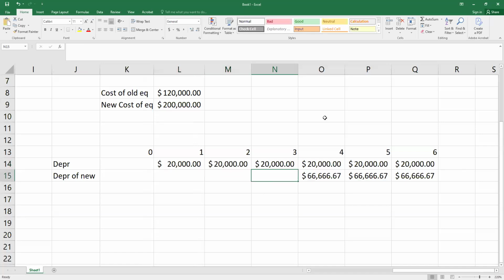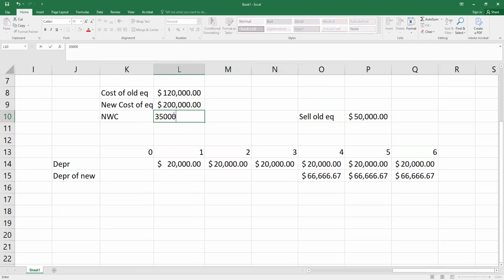Let's imagine you decided to sell the old equipment for 50,000. And of course, we forgot to mention net working capital, which is 35,000. And you sell the old equipment for 50,000. Now you're asked to calculate the initial outlay.